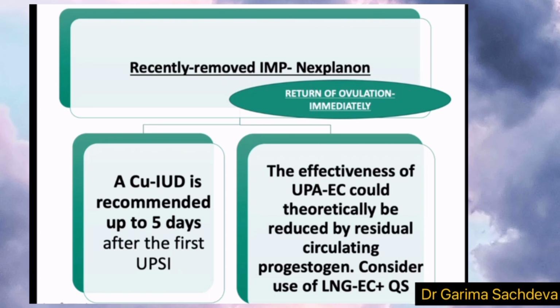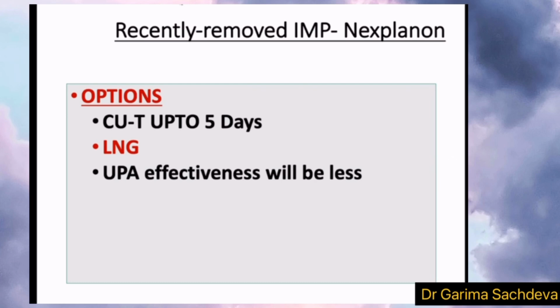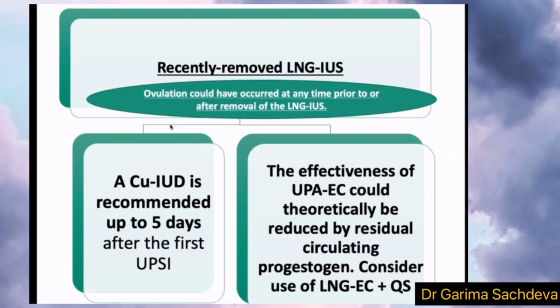So this you should remember, that immediately after removal of the implant or when its duration is over, its contraceptive efficacy is lost. So you have to immediately give emergency contraception or additional contraception. For a recently removed implant, you have to either insert copper T or give levonorgestrel: copper T up to 5 days, and levonorgestrel up to 3 days, and UPA effectiveness will be less.